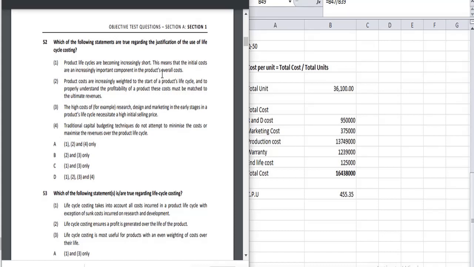उसके बाद क्या है, traditional capital budgeting techniques do not attempt to minimize the cost and maximize the revenue over the product life cycle. अब जैसे कि पहले traditional capital में क्या था कि लाइक उतना competition नहीं था, है ना. प्रोडक्ट वो लोग बनाए, उसके ऊपर markup margin charge करके बेचते थे, है ना, अपने अकॉर्डिंग ही बनाते थे.